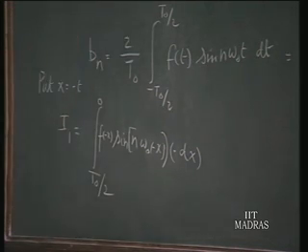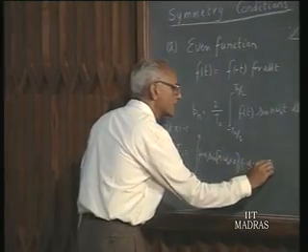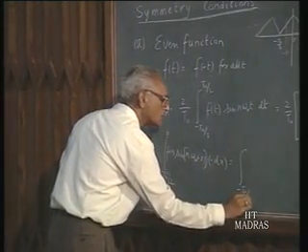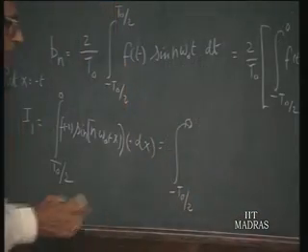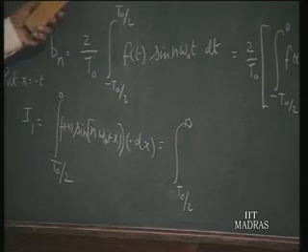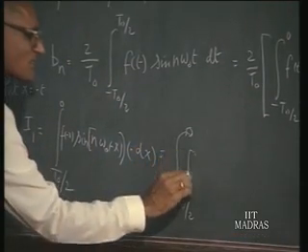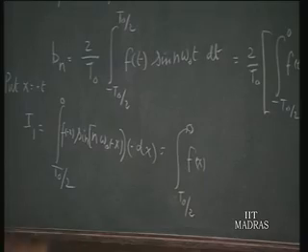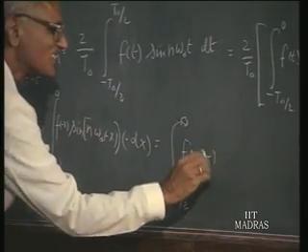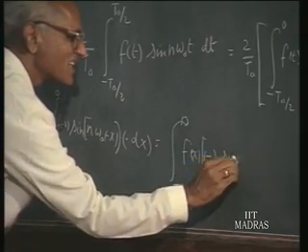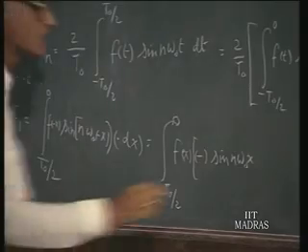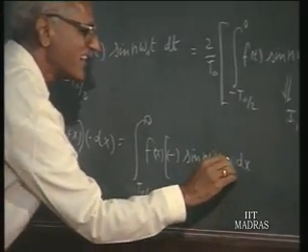By virtue of this even character of this function, we can write this with limits up to t naught upon 2 again. F of minus x is equal to f of x because of this relation, and then sin of n omega naught times minus x will be minus of sin n omega naught x, and then you have another dx with a negative sign out in front.